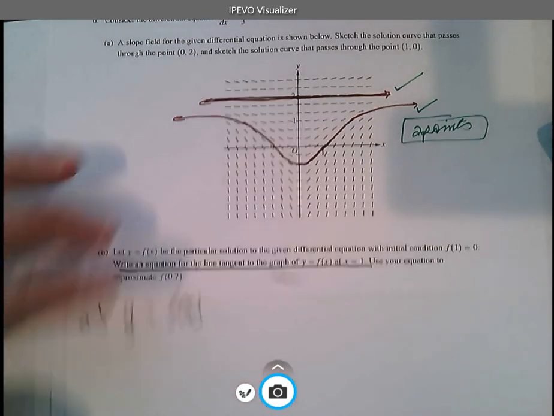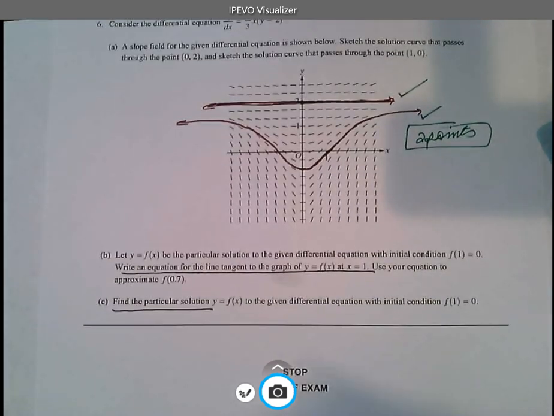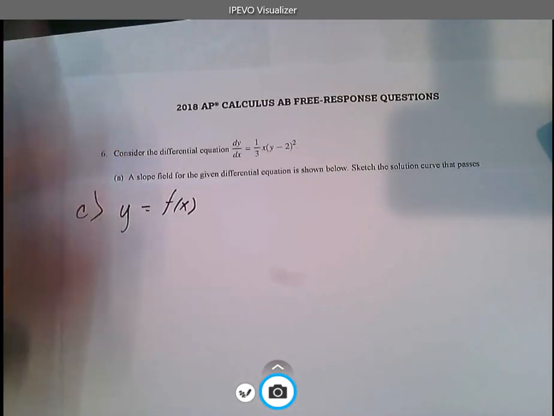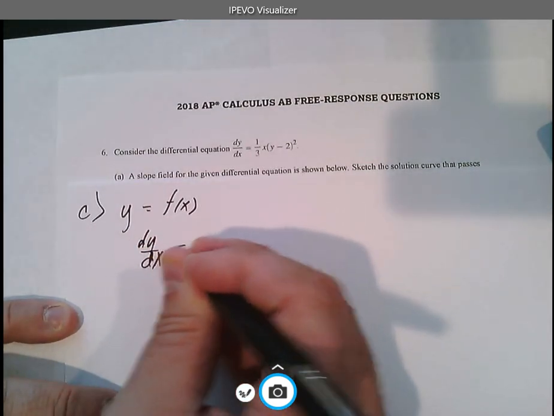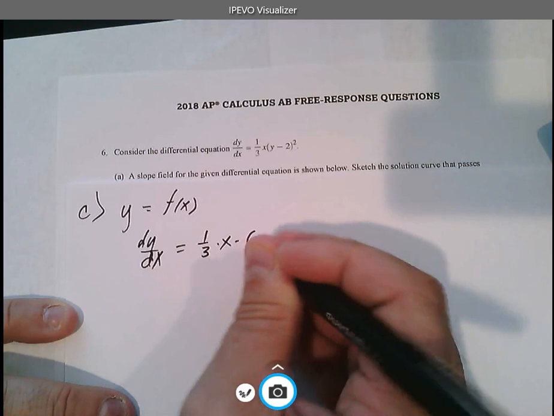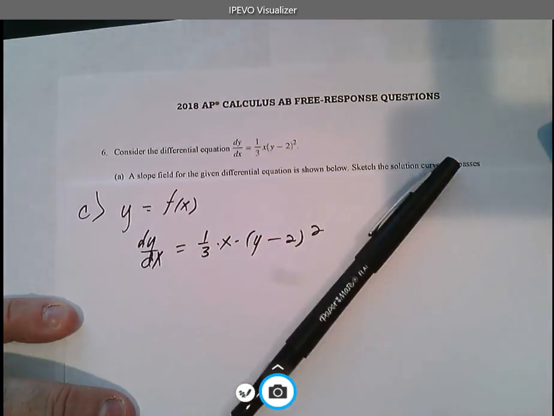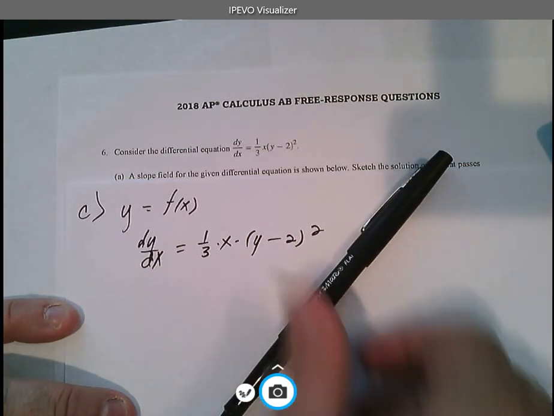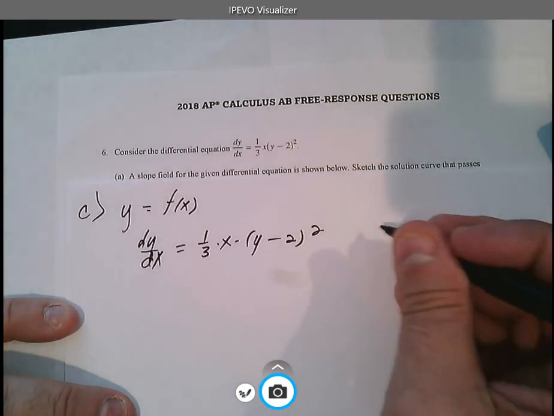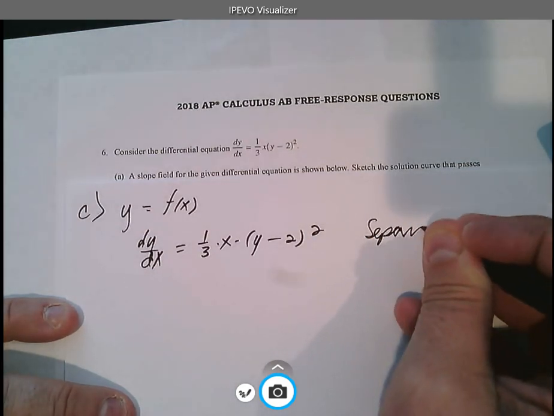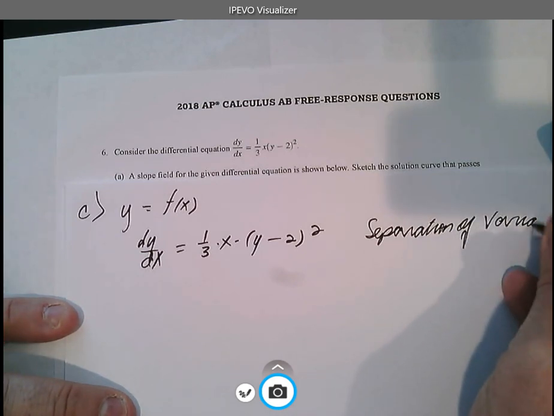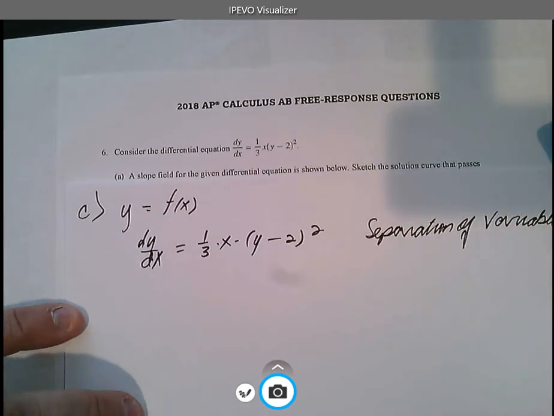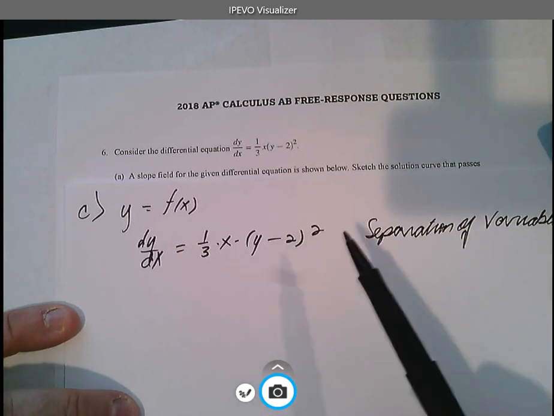We know that the differential equation is this guy up here: dy/dx equals 1/3 x times (y minus 2) squared. In order to use separation of variables, which is a very common technique, what we need to do is separate the variables using our algebra skills.